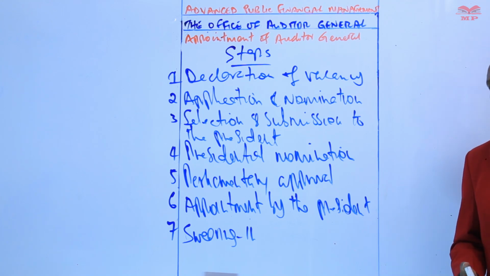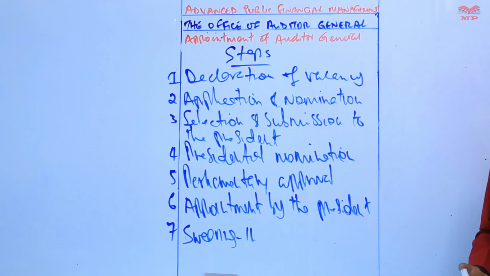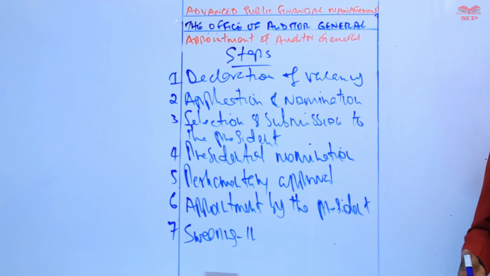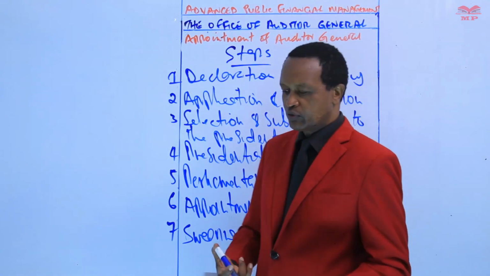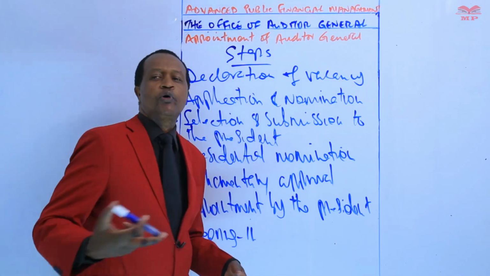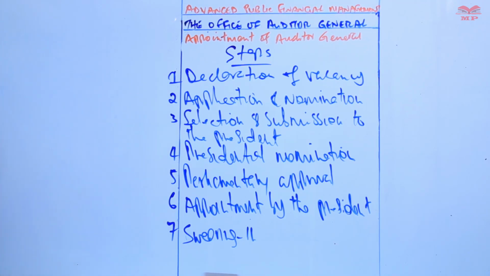And that is the process, candidates. The Auditor General, upon being sworn in, serves for a single term of 8 years and is not eligible for reappointment after the period of 8 years.